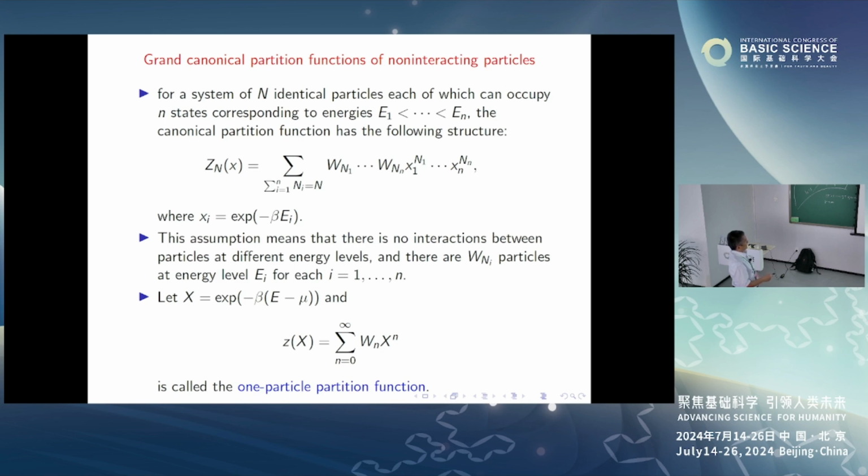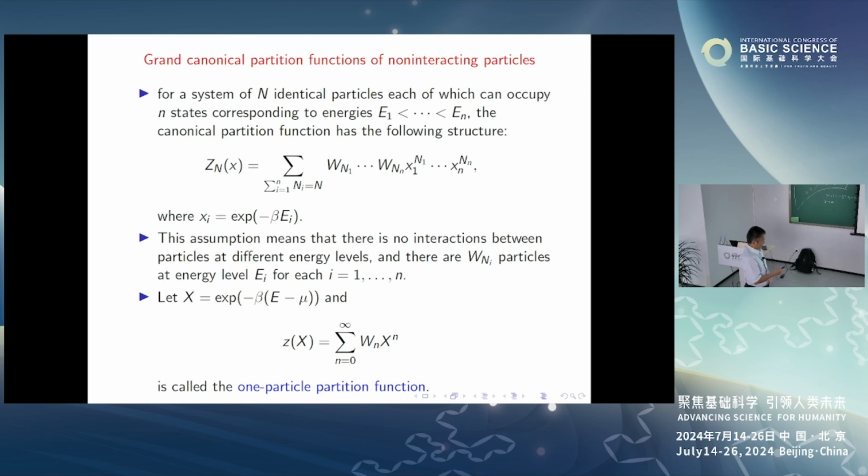These are given by the Boltzmann weight. This assumption means that there is no interaction between the particles at different energy levels. And then what one can do is consider the one-particle partition function, which is just the generating function of this W_n. And mu here is the so-called chemical potential.